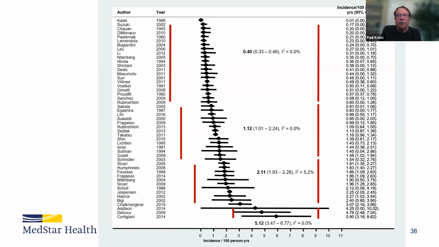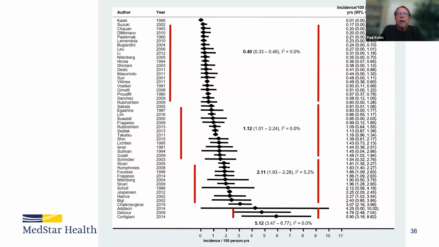And then finally, the last group, which is these last 2 or 3 studies, has quite a large incidence rate of over 5 per 100 person years. And so by doing this, you can identify sets of studies where there's small variability.